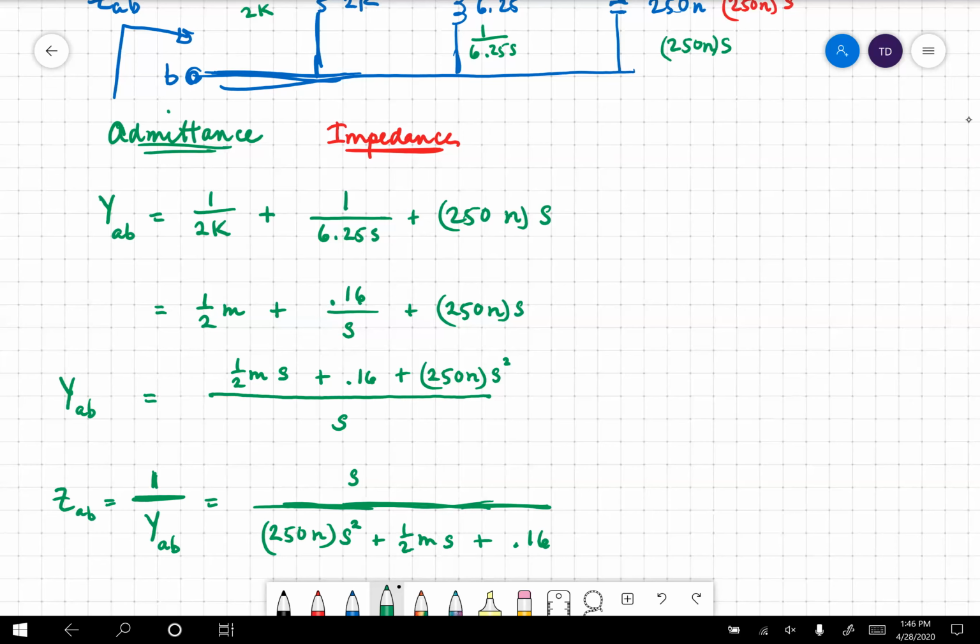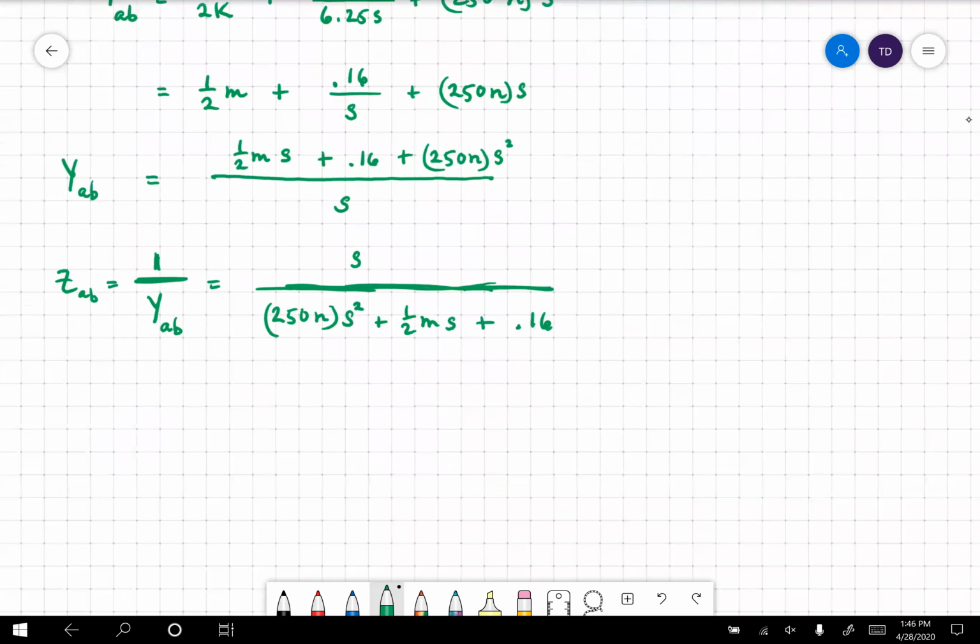And obviously the author put these numbers in here for a particular reason, because you can now clean this up. We're going to clean it up by doing what? We're going to divide top and bottom by 250 nano, to clean out this lead coefficient.